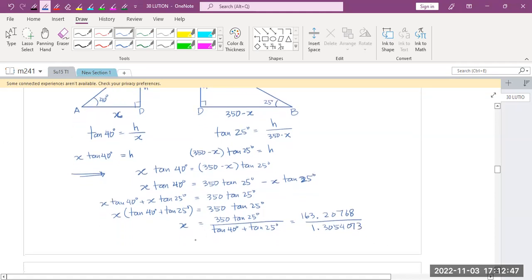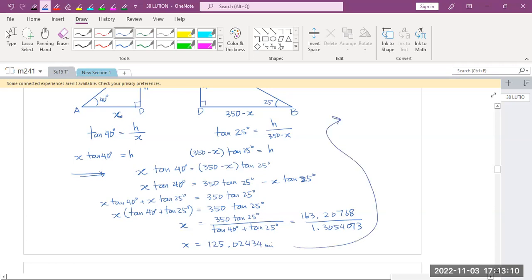So our x is 163.20768 divided by 1.3 something. I get 125.02434 miles. But that's not our final answer.